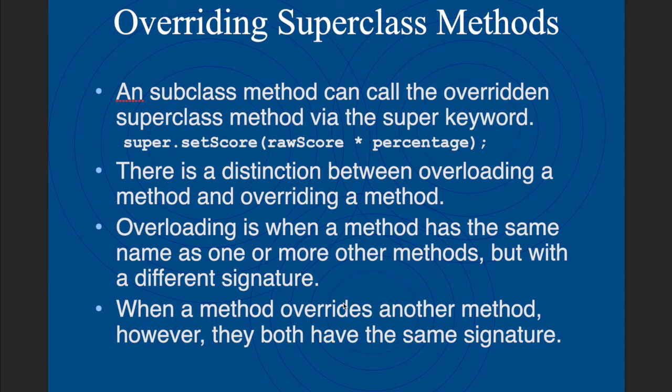It can be the same name but different parameters, for example. When a method overrides another method, however, they both have the same signature. Overloading is different: they have a different signature but the same name. A method is overridden when they both have the same signature.